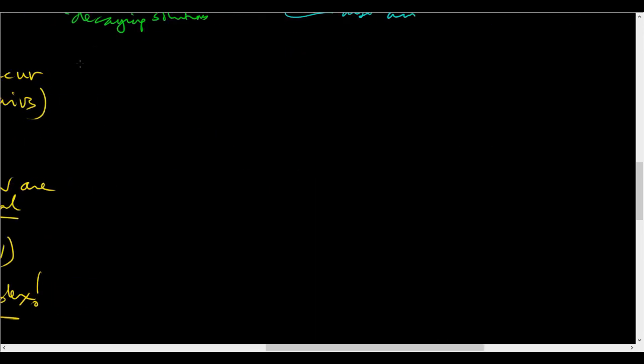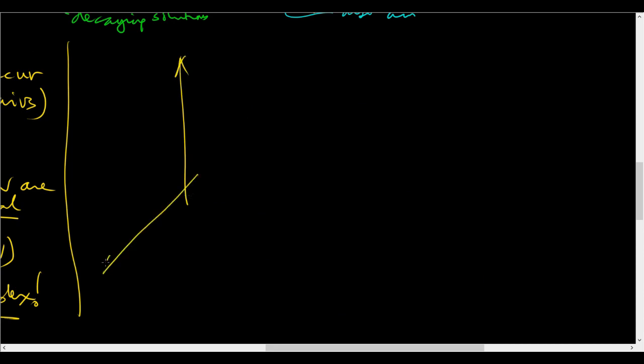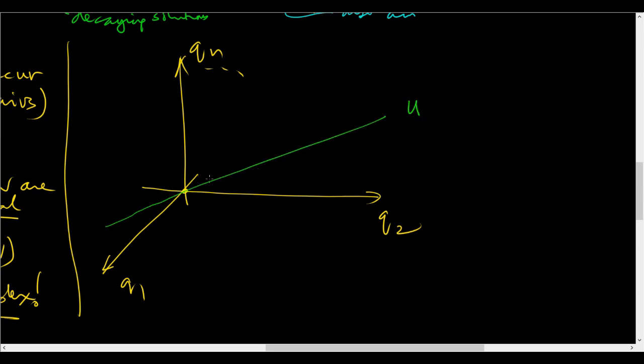For real solutions, if you go to the space of q again, so that's q1, that's q2, and dot dot dot, that is qn, that's your origin. In that case, let us say this vector is u, and let us say in blue, this vector going to the origin v, this line, sorry.